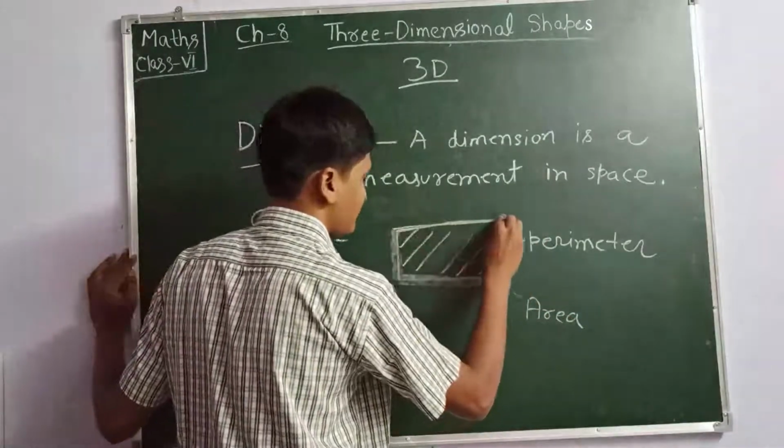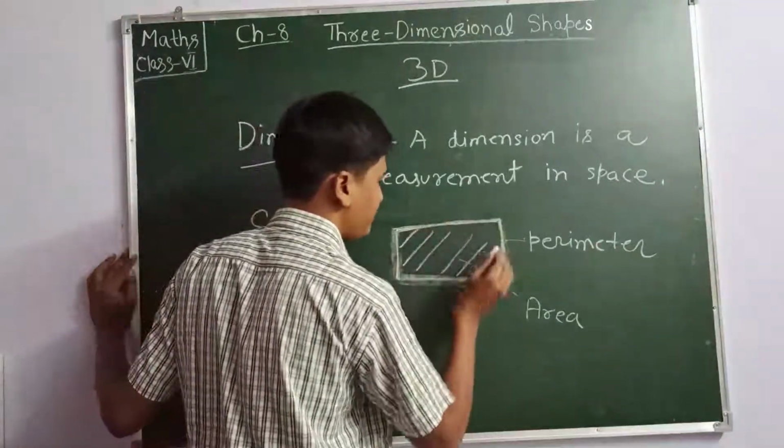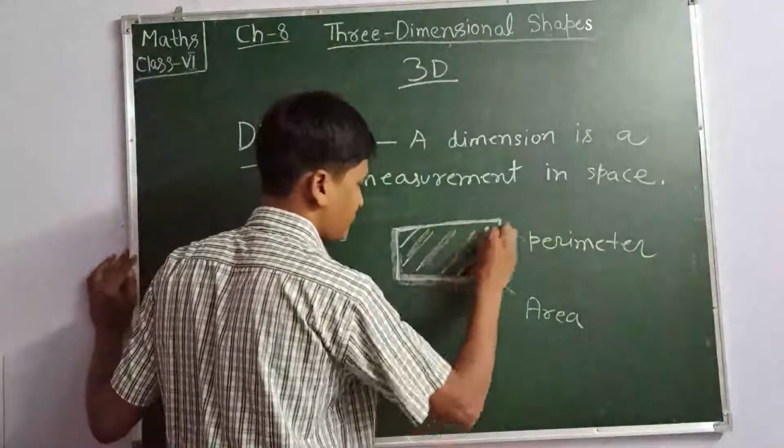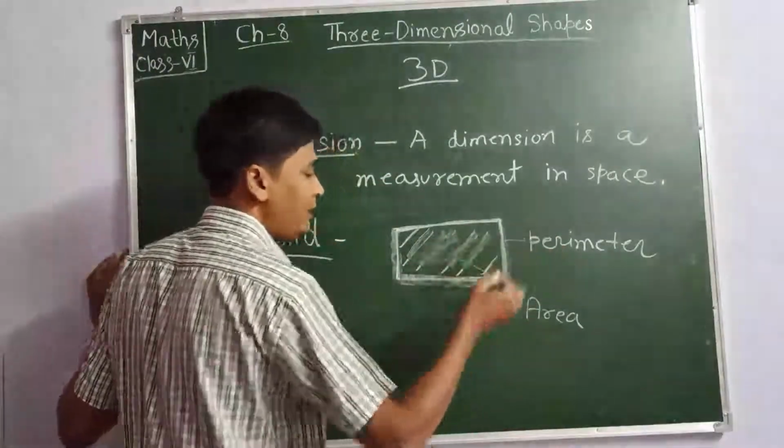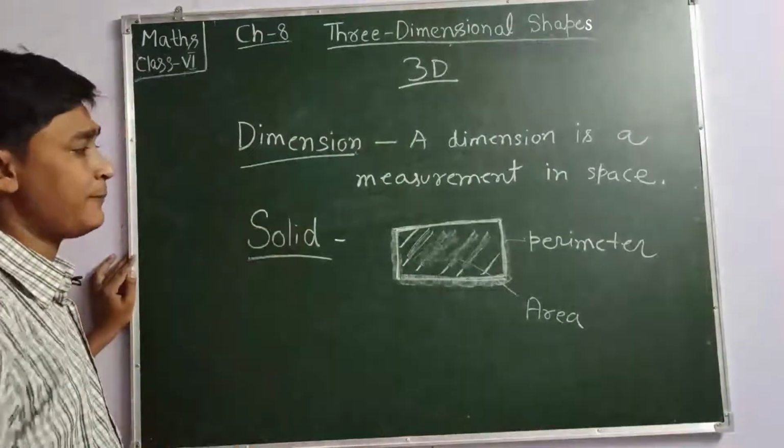This border is called the perimeter, and the space it occupies is called the area. So a closed plane figure has two things, perimeter and area.